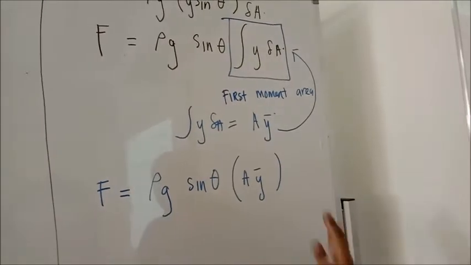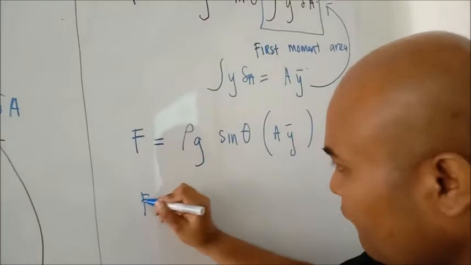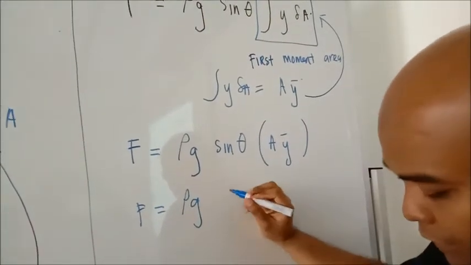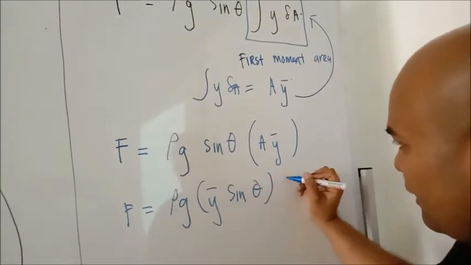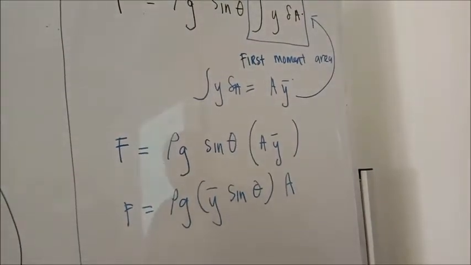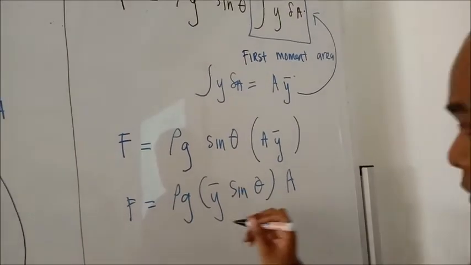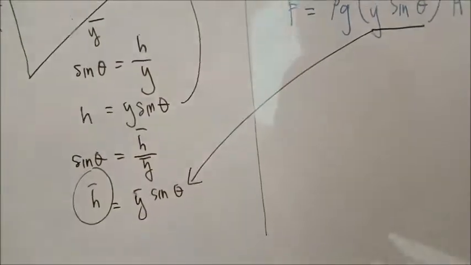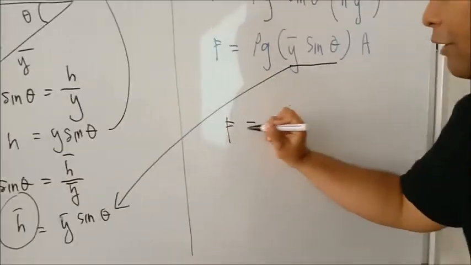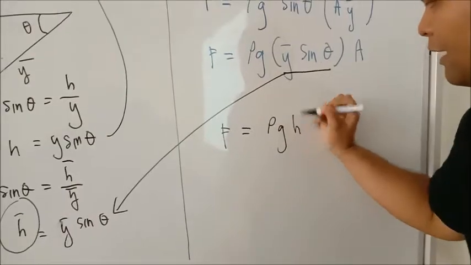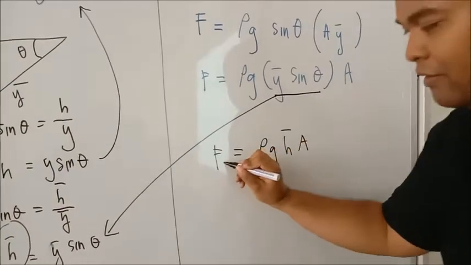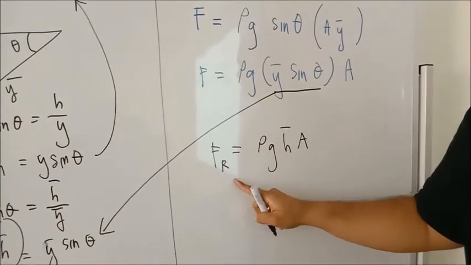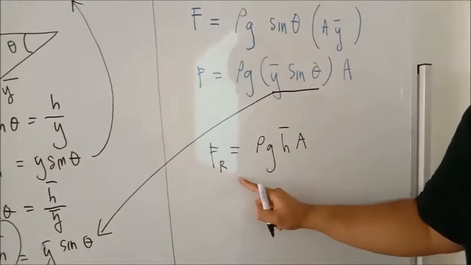Okay, now further modify F equals with rho G y bar sin theta, and then multiply with A, and then we found that here similar with this, the H bar, and then at the end the F becoming rho G H bar A, and then this F is becoming our Fr, which is the hydrostatic force.